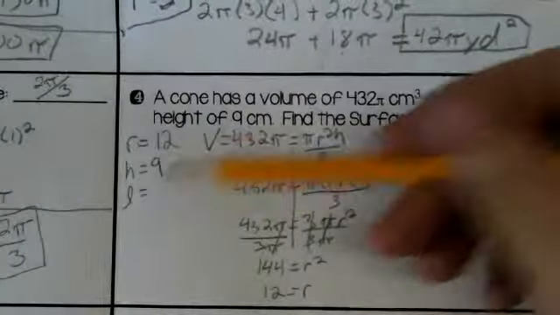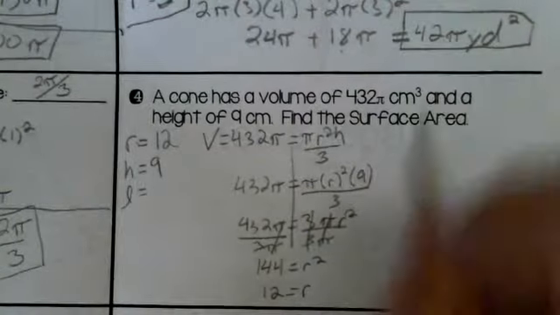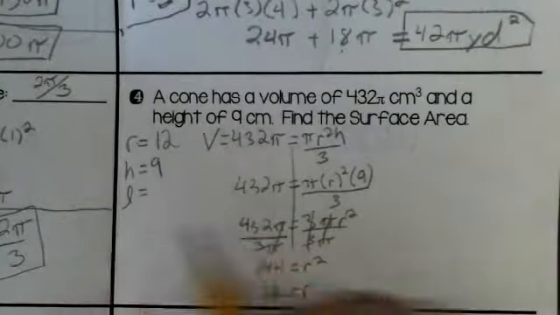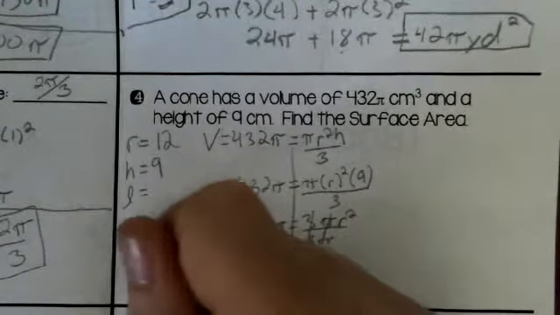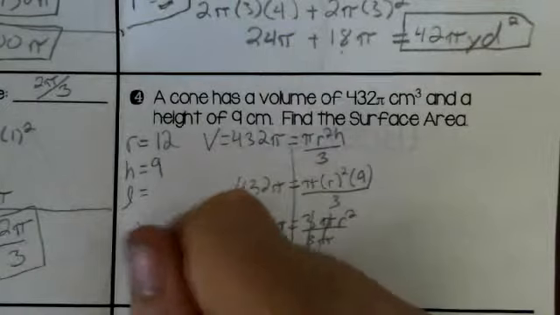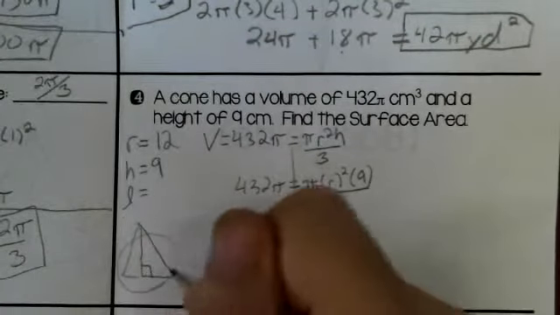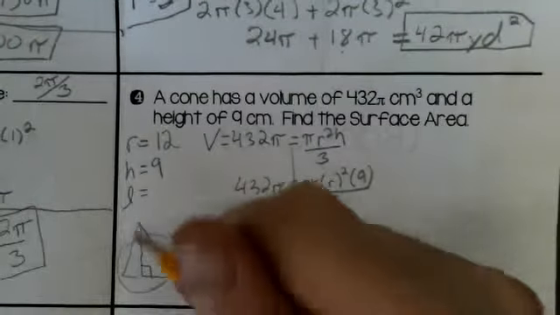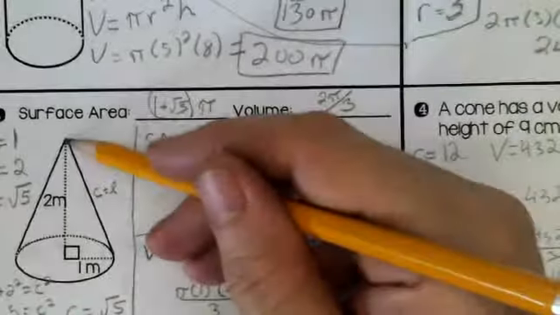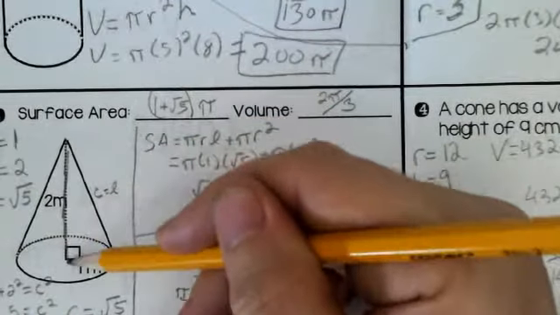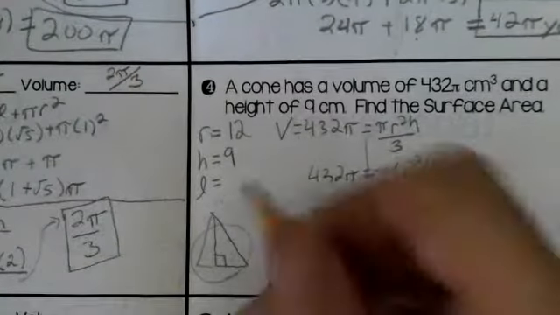And now I need my slant height, because to find the surface area I need the slant height. And so to get that, I'm going to have to draw my right triangle. Remember, this is actually part of my cone. I'm just drawing this triangle right here from my cone.